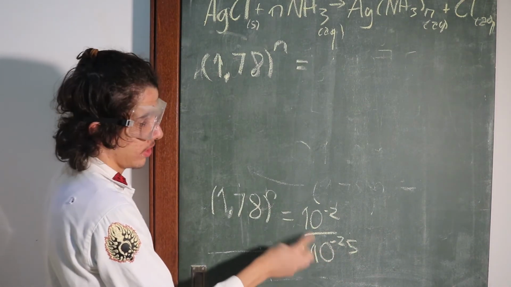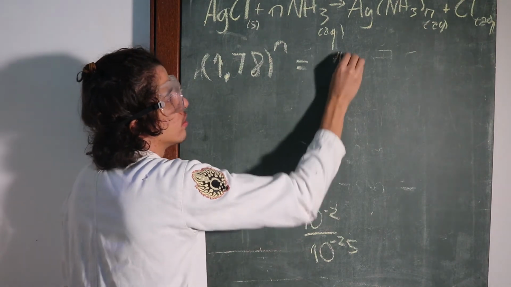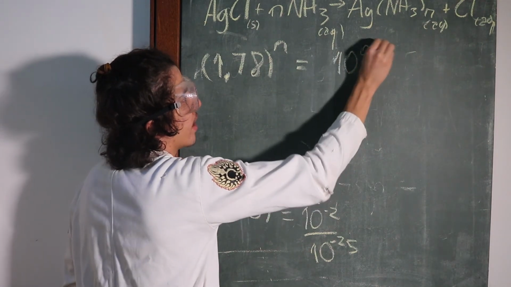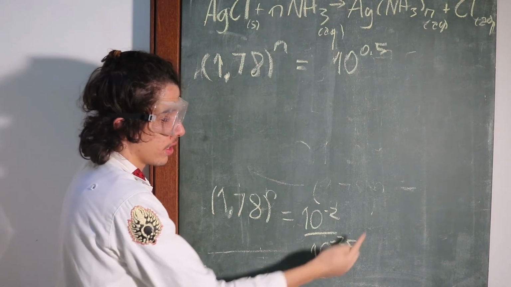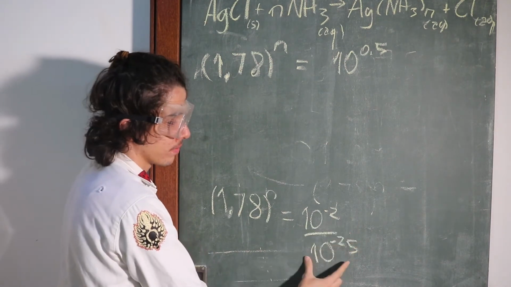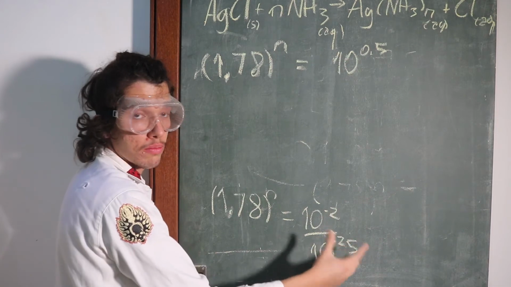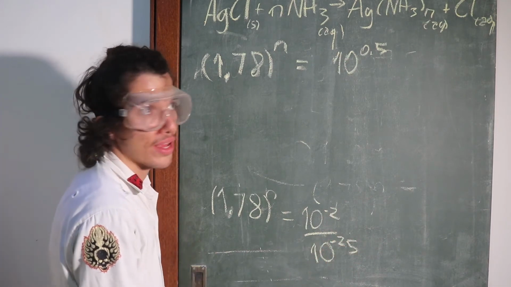We can solve it by just 10 to the 0.5, because if it's minus, we can make it plus by moving it up, if you know what I mean.